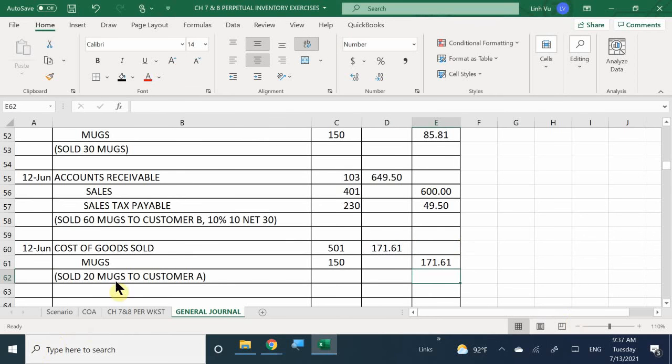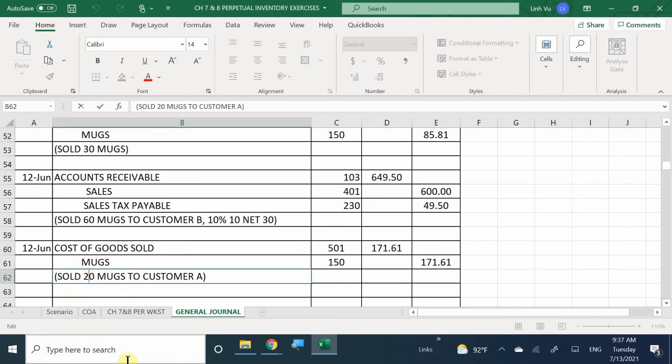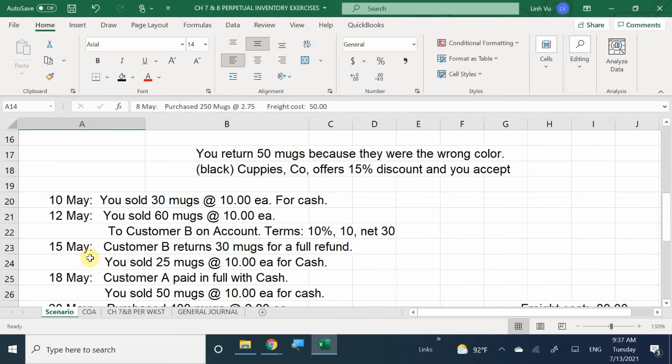And now I also need to update my note here because I sold 60 mugs to customer B. Okay. So then now that I have that there, 3 days later, what happened on the 15th of May?